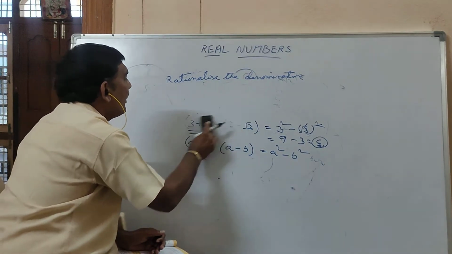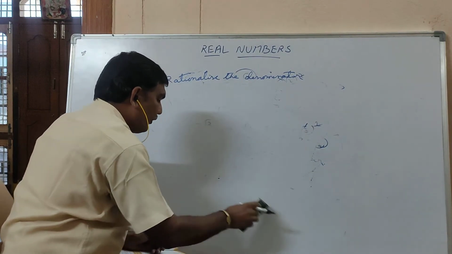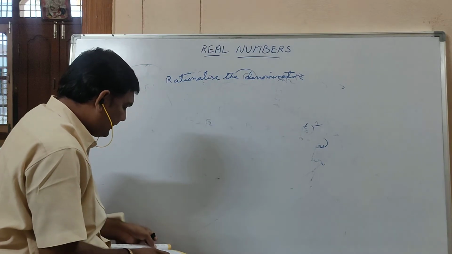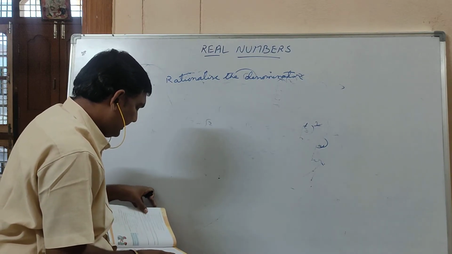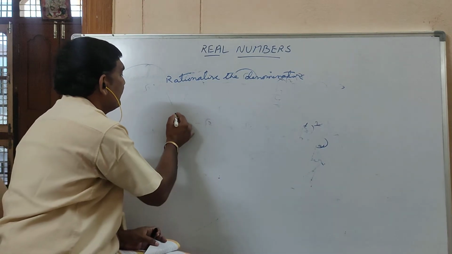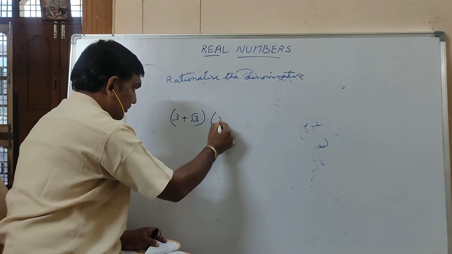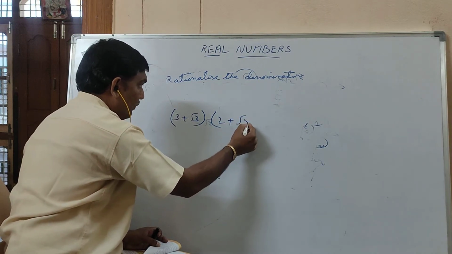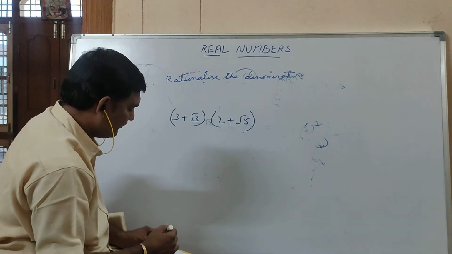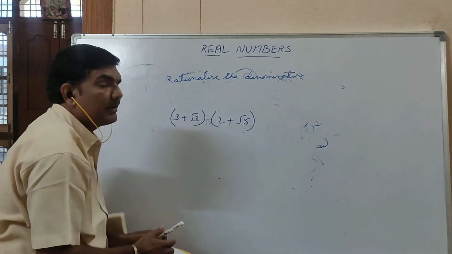Now, one more problem we'll do. Before going to problems, how to do multiplications also we'll see. See, multiplications, how we have to do it. 3 plus root 3 into 2 plus root 5. It is one irrational number, it is another irrational number.